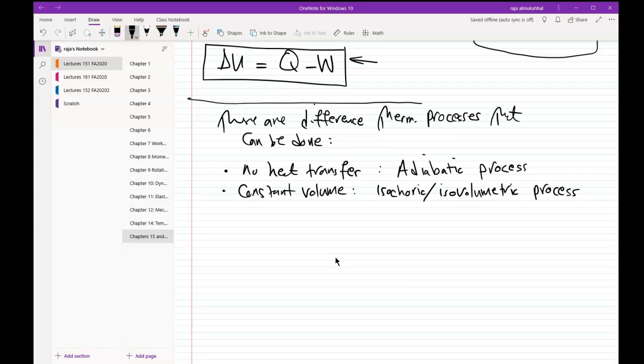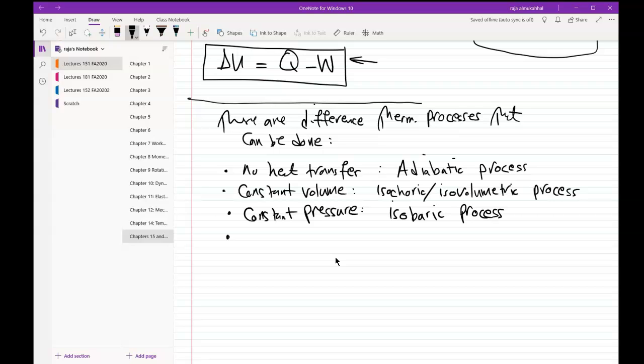Another one is we can also take or add heat to the system at constant pressure. And that's called an isobaric process. And the last one is that we can add or subtract heat at constant temperature.